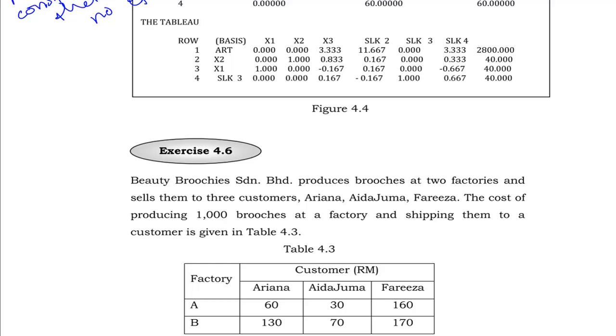The cost of producing 1,000 brooches at a factory and shipping them to a customer is given in table 4.3.